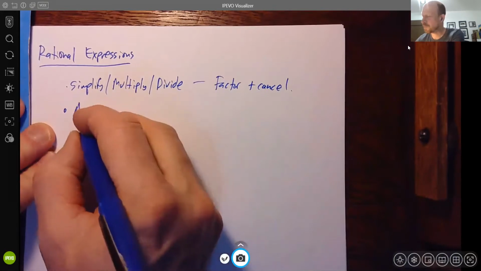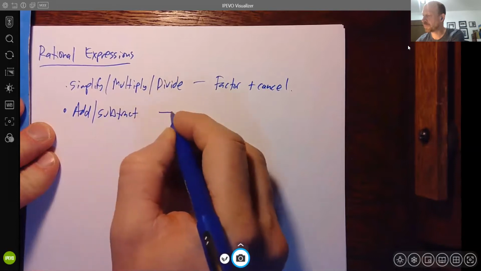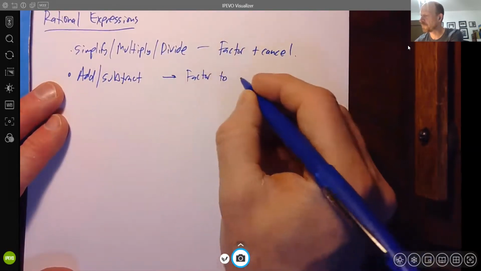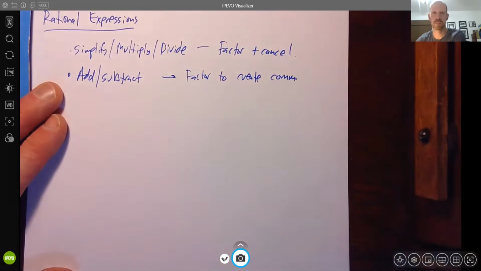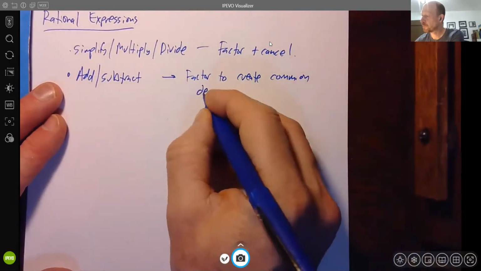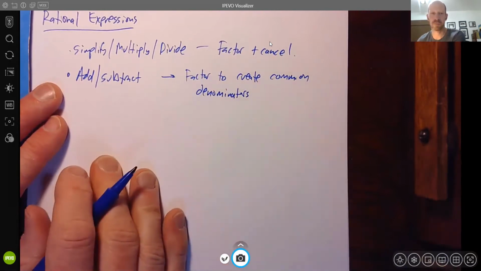And then we have the add and subtract problems. And there we factor to create common denominators, right?